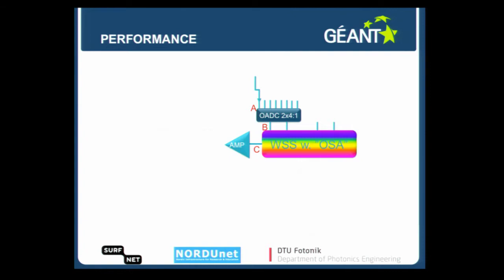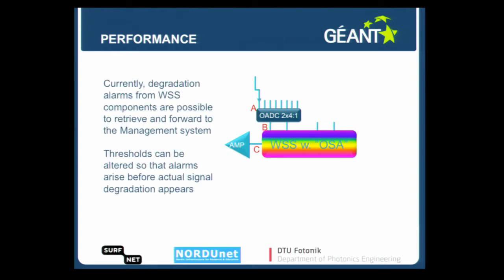Okay, performance. So the P in the OAMP, basically again the idea of doing an SNMP polling of the servers, we can extract information on, for instance, this point of the VSS component, and that could give us performance degraded alarms, and we can even manipulate the threshold so that we will get these alarms even before they actually occur.